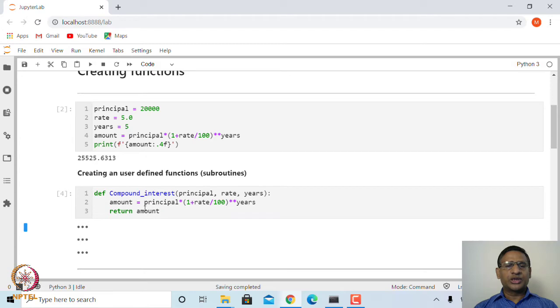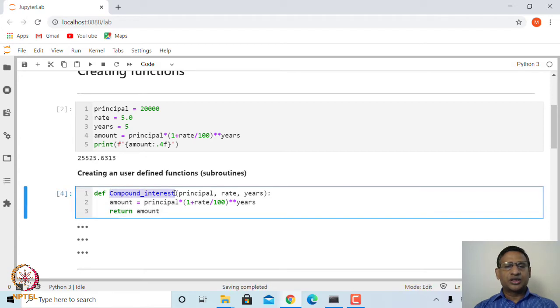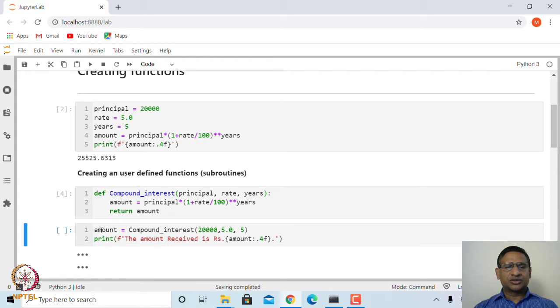Once we have run this, how do we call this function? I have to simply say compound interest and input the principal, the rate and the number of years. So, let us call this function. I will write amount equal to compound_interest, that is the name of the function, and let us say instead of 20,000, we have invested 50,000 rupees, at the rate 3.5%, and it is invested for 7 years, and that is the amount you will get, and you want to print the amount received after 7 years.